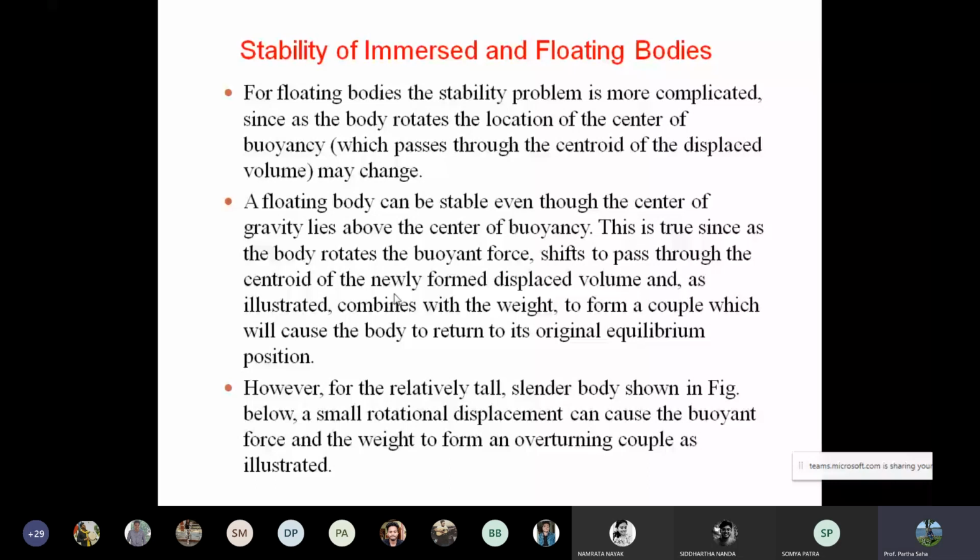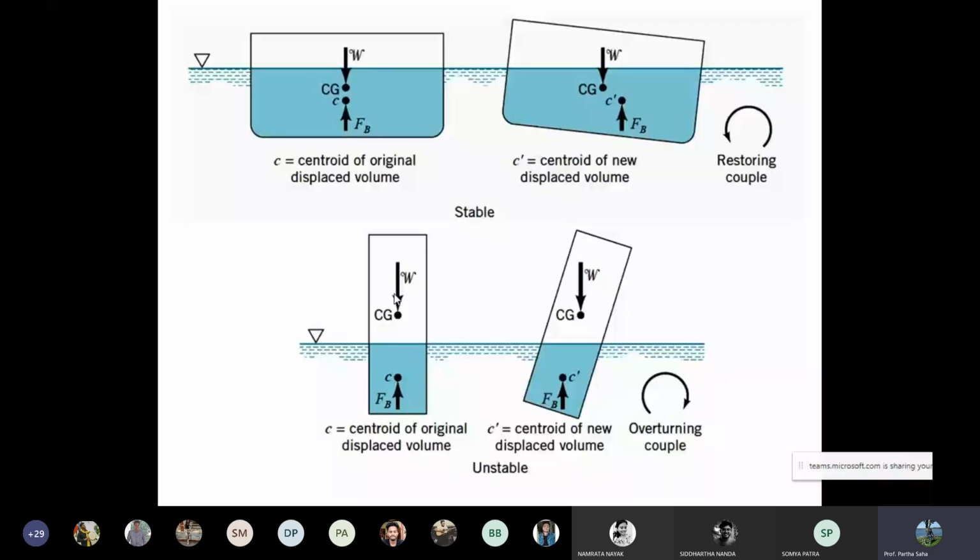And as I'll show you in the next slide, for a slender body, a small rotational displacement can cause the buoyant force and the weight to form an overturning couple. Let's look into this example. This is an example given for a floating body. At the top, as you can see, the center of gravity is above the buoyant force, and C is the centroid.